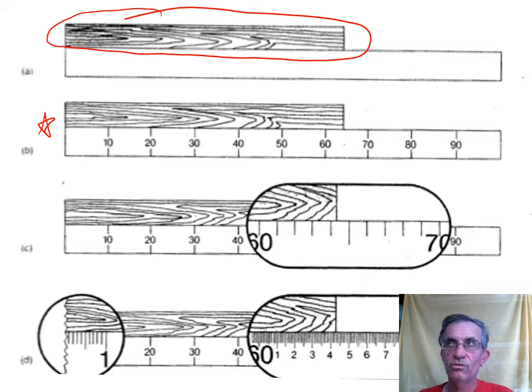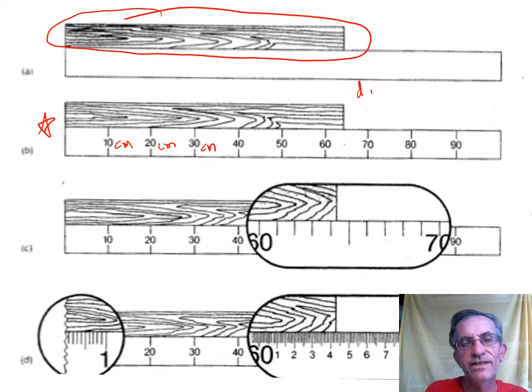The rule said read to the nearest division. By division, I mean how far apart the lines are. Let's pretend this is in centimeters: 10 centimeters, 20 centimeters, 30 centimeters. The lines are every 10. The divisions are every 10.